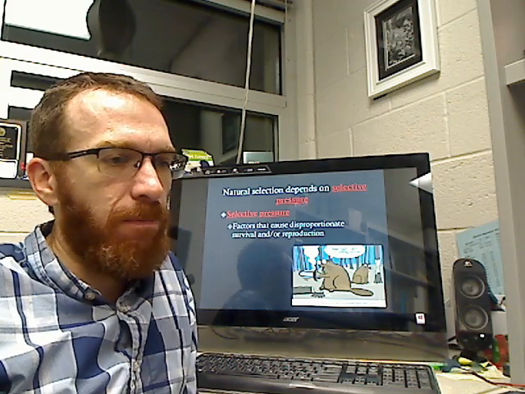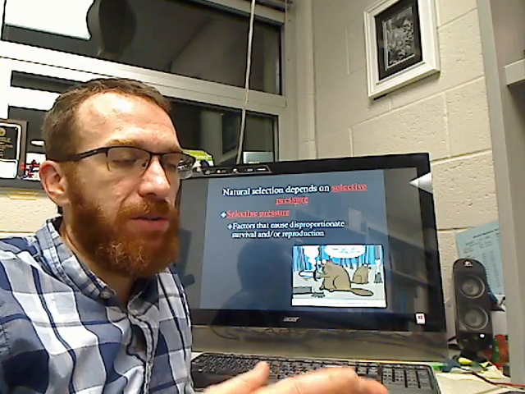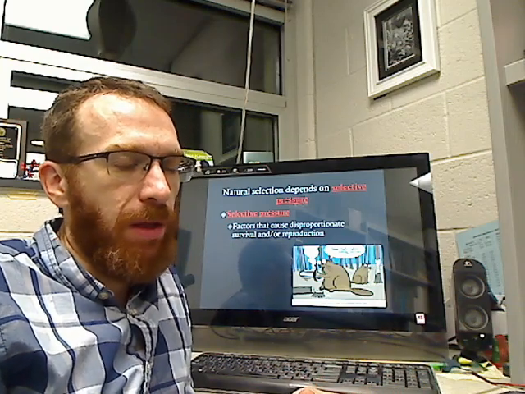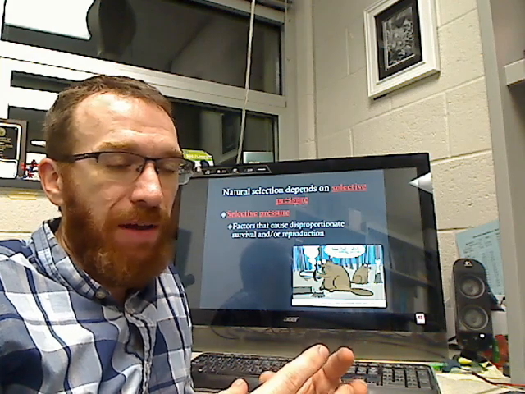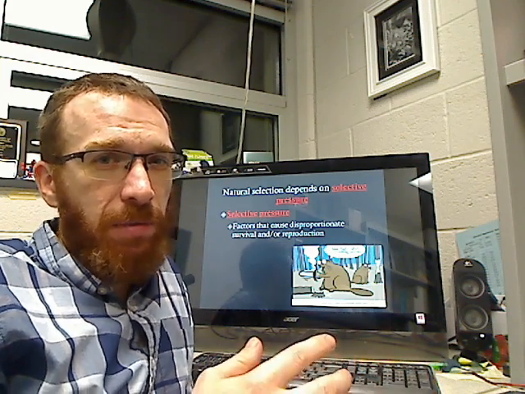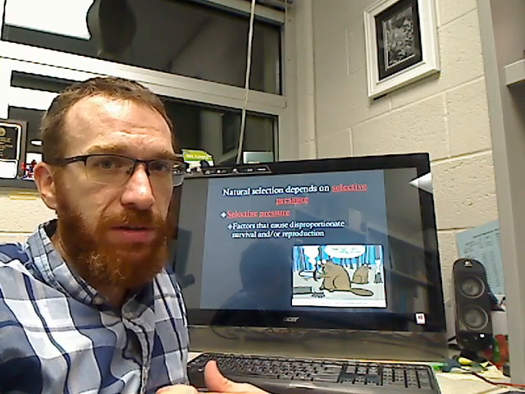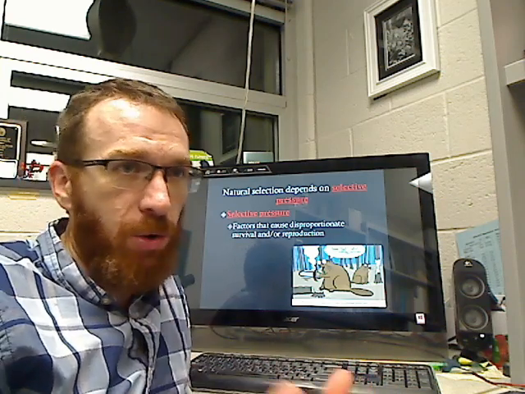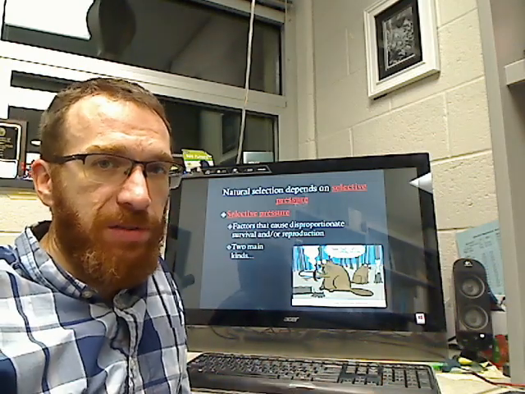So a selective pressure is something that causes a species to survive longer or have twice as many babies. And so a selective pressure will influence those things and cause it to have more babies or die quicker or live longer.